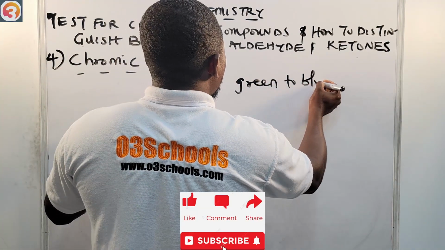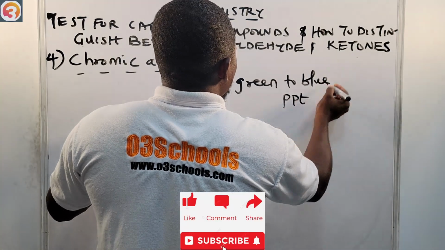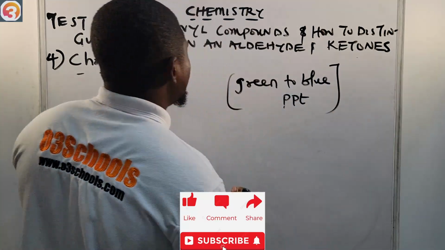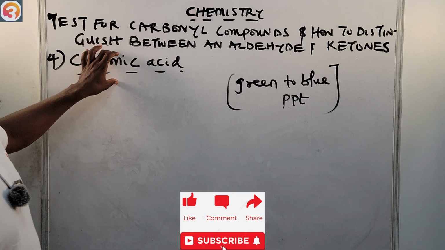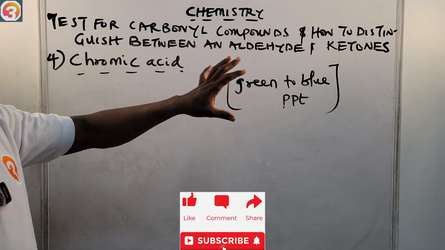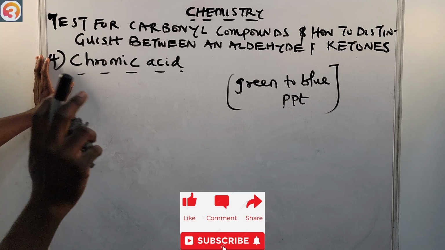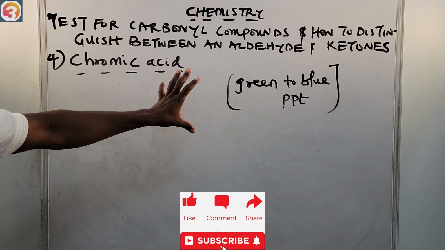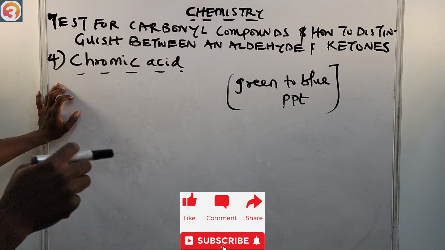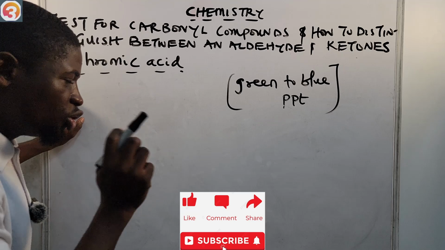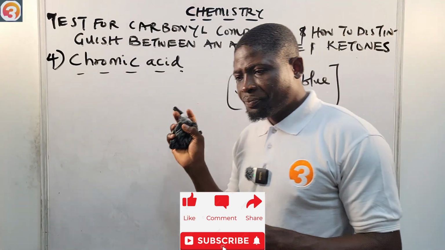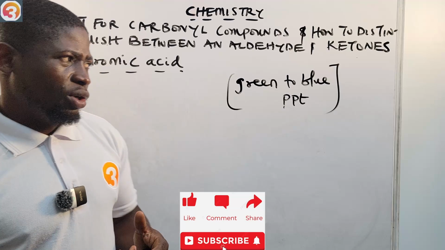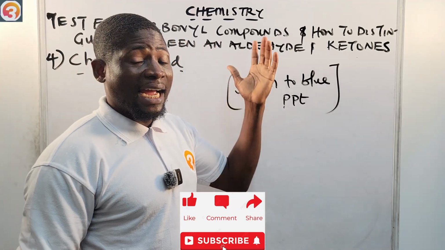Either a green or blue precipitate is observed when we are using chromic acid to distinguish between an aldehyde and a ketone. The presence of a green to blue precipitate confirms the presence of an aldehyde, not a ketone. So that's the fourth method we learn to distinguish between an aldehyde and a ketone.